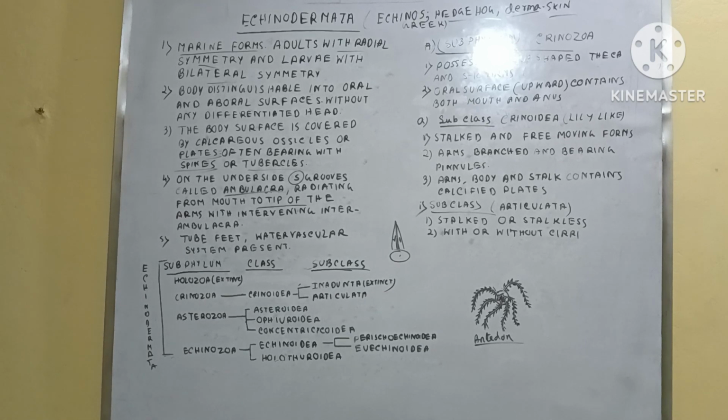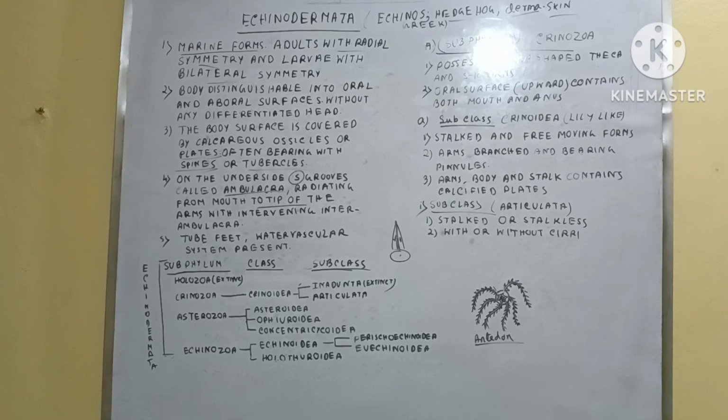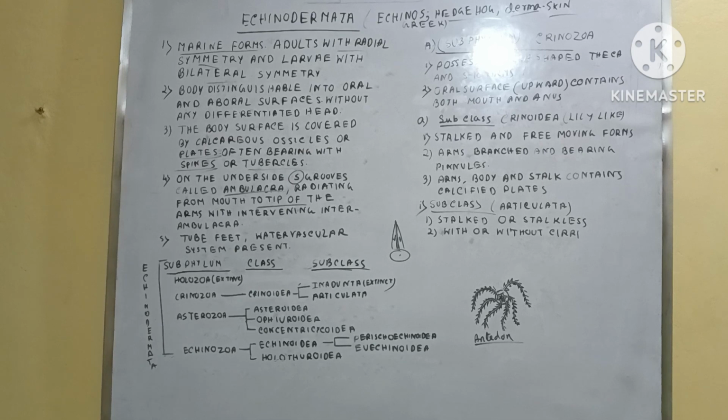You can understand easily. Okay, and the last one is the tube feet and the water vascular system, both are present, and these are the actual locomotory organs of the echinoderms. Okay, so this is the actual classification of the echinoderms, according to Rupert Barnes.